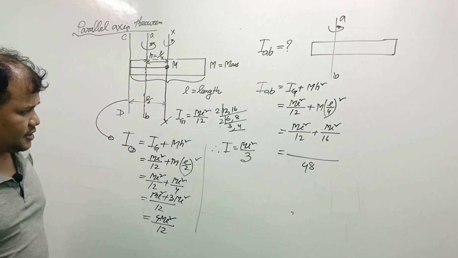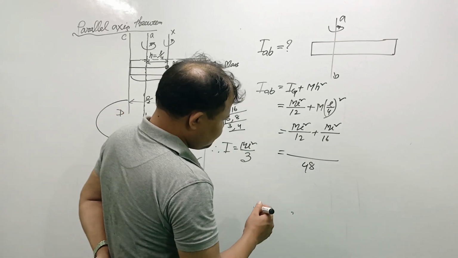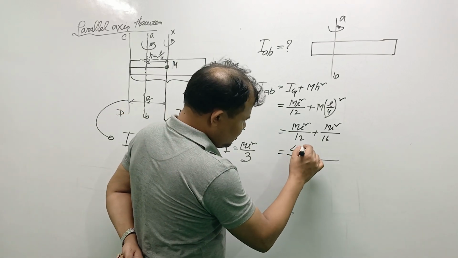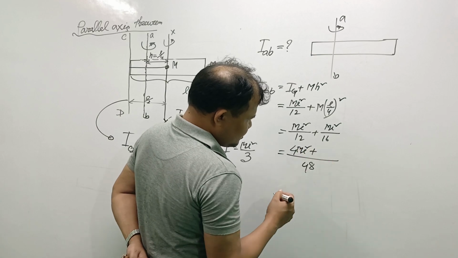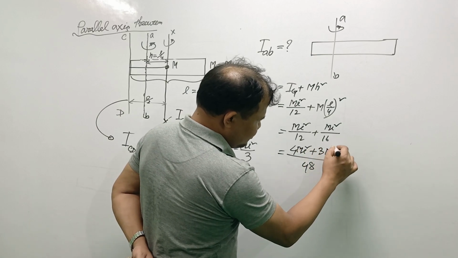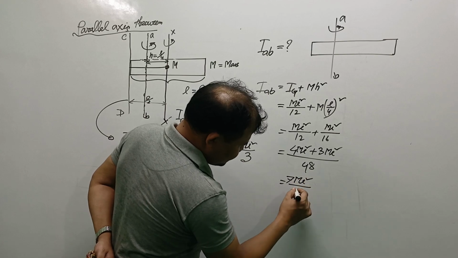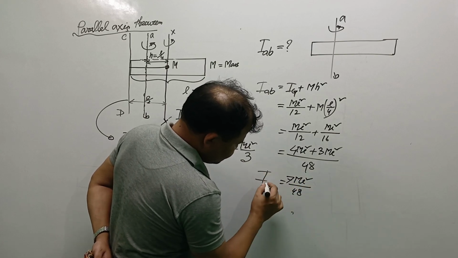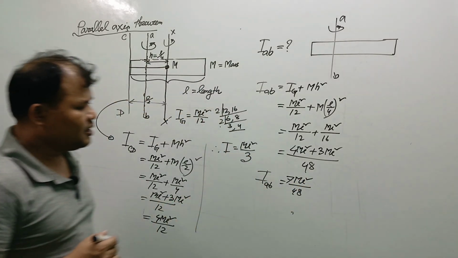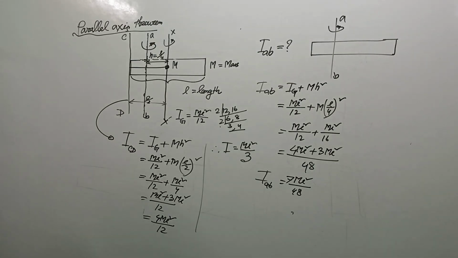LCM will be 48. So 4 M L square plus 3 M L square, 7 M L square divided by 48. This is the moment of inertia with respect to AB.